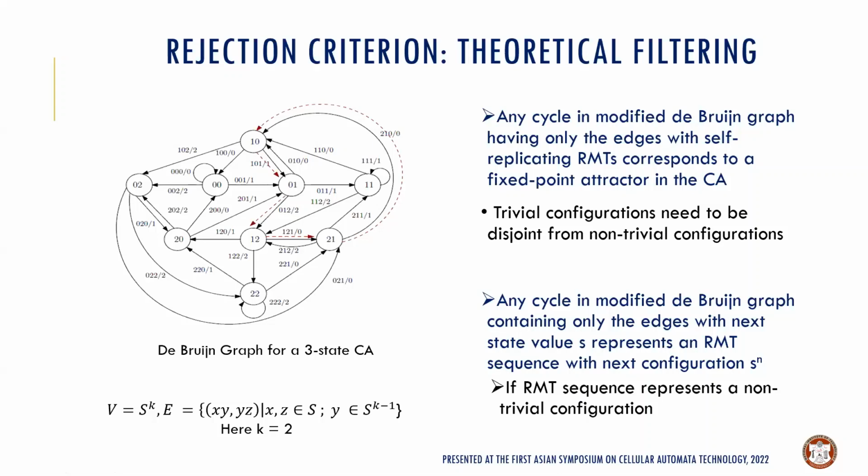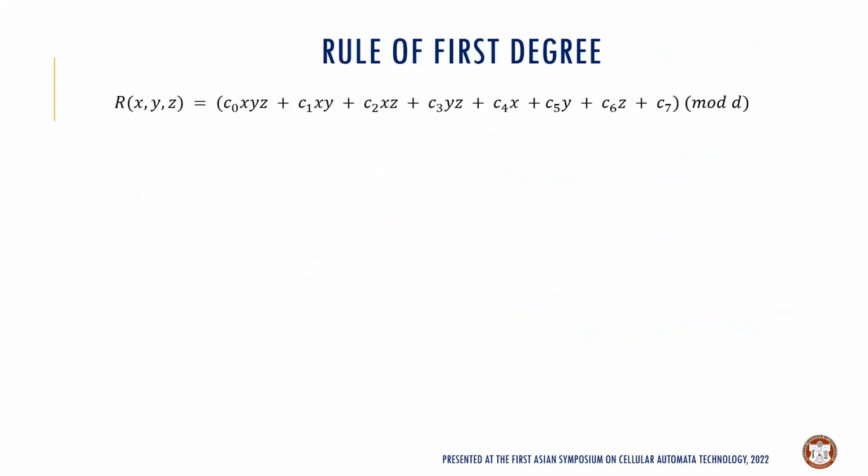So after doing this, we can get a lot of CAs. But the same problem still is there, that how we can find such CAs, how to represent such CAs, or how we can look for such CAs. For that, we introduce the rule of first degree.